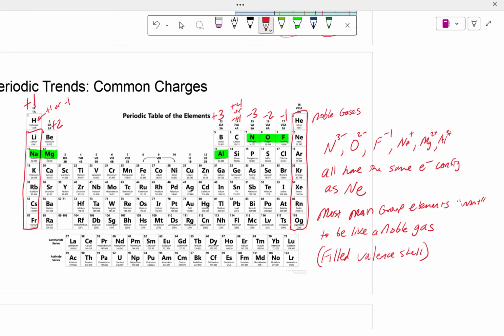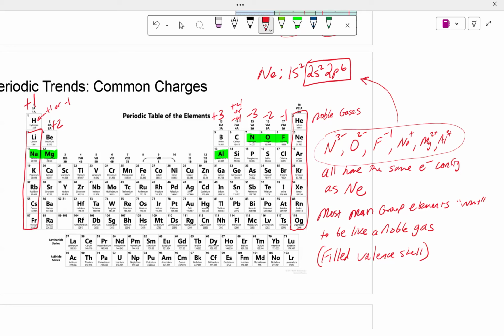If you look at the electron configuration for neon, so 1s2, 2s2, 2p6, here's the valence shell. And I encourage you, take some time, do the electron configuration for all of these. And long story short, they're all going to have this same configuration.